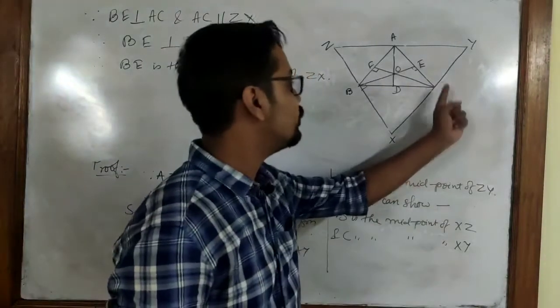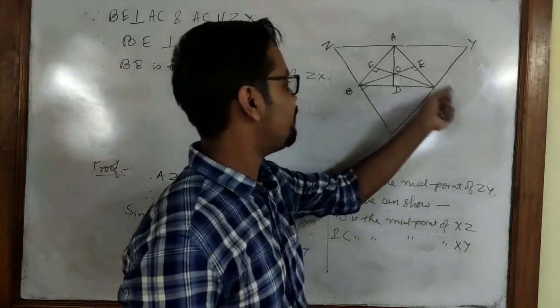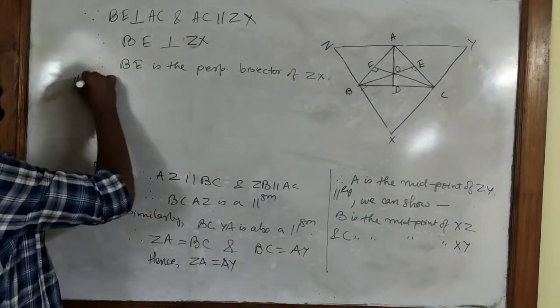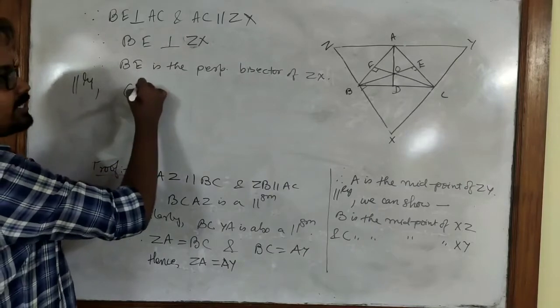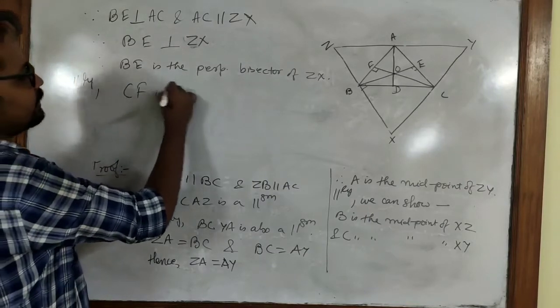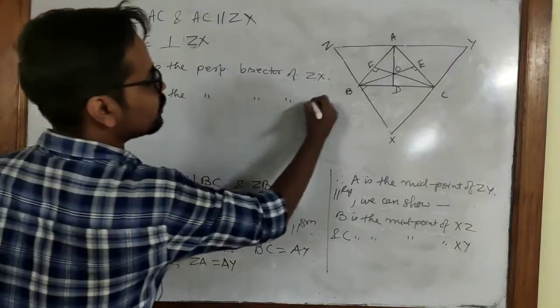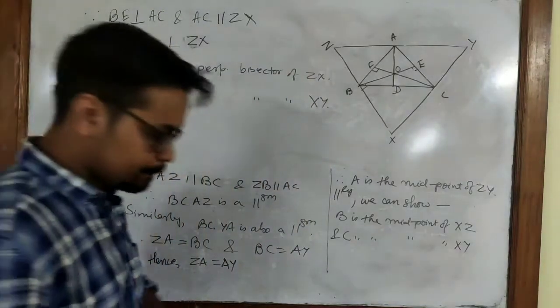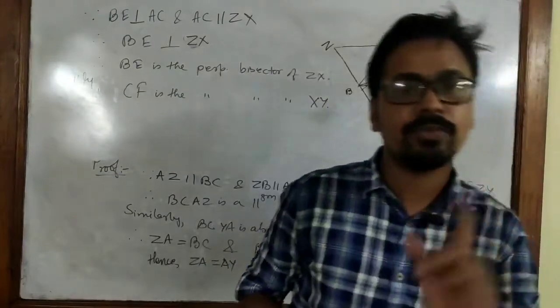Similarly, we can also show CF is the perpendicular bisector of XY. Okay. Now what have we learned from theorem 1?